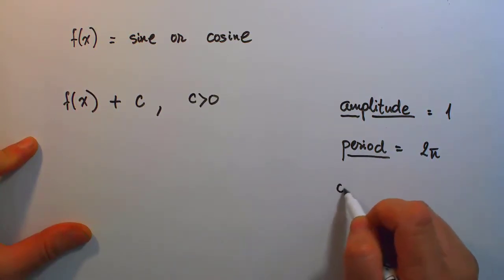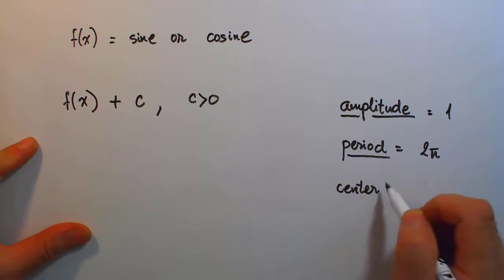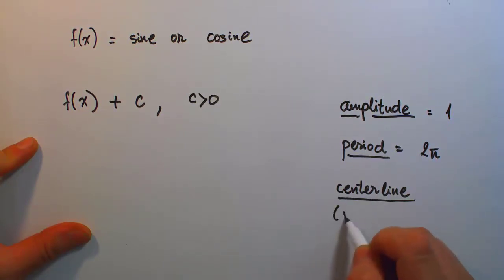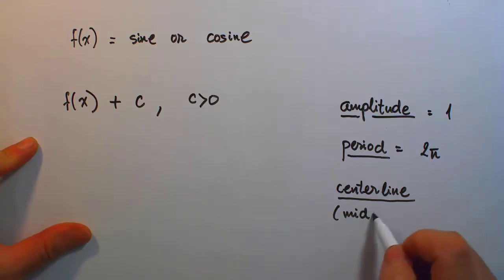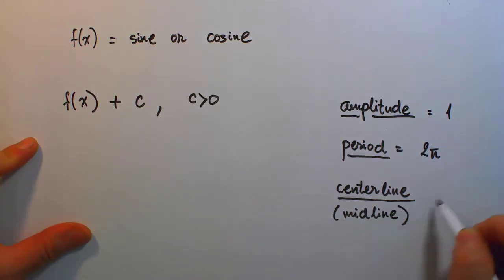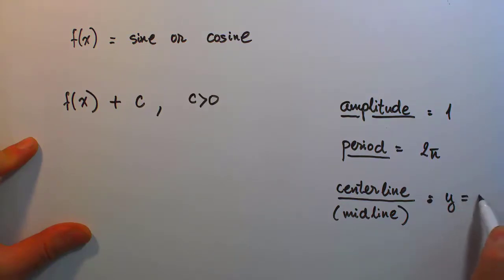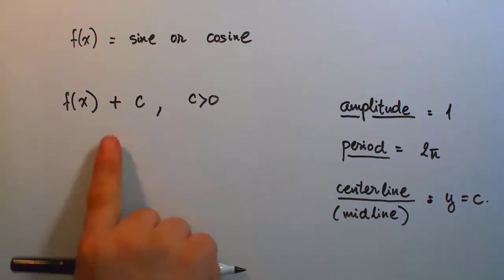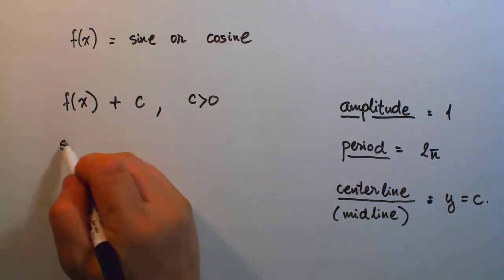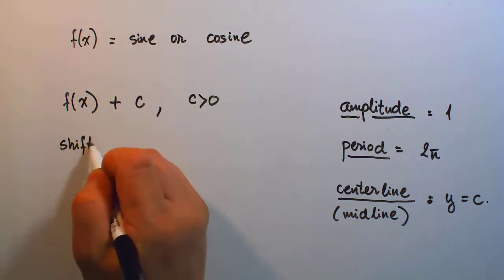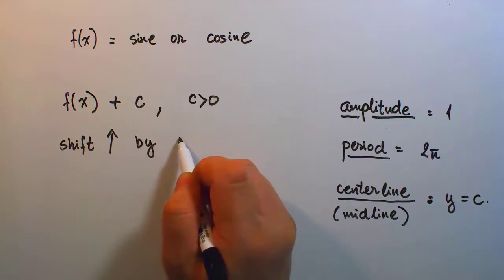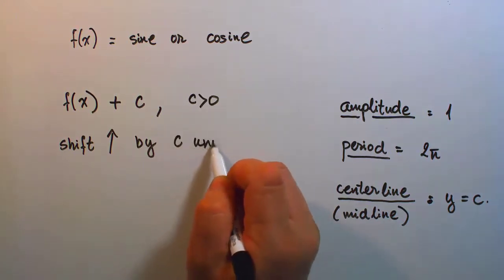But the center line, or some texts call it the midline, is at the horizontal line y equals c, and for now c has a positive value. And so we can generally regard this as shifting our original sine or cosine function vertically up by c units.